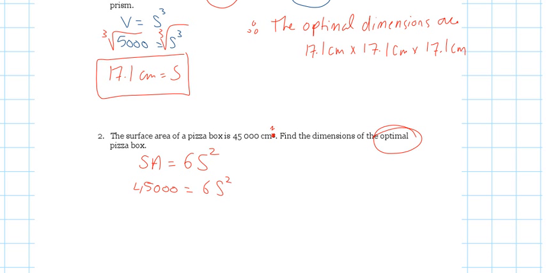Yeah, so that's 45,000 divided by 6 equals S squared. And then what do I do after that? I square root to get rid of that square that I have here. So that is going to be S equals 86.6. So there you guys go.